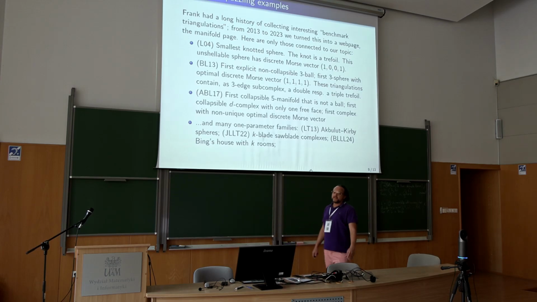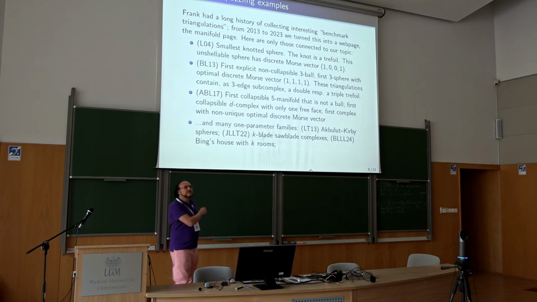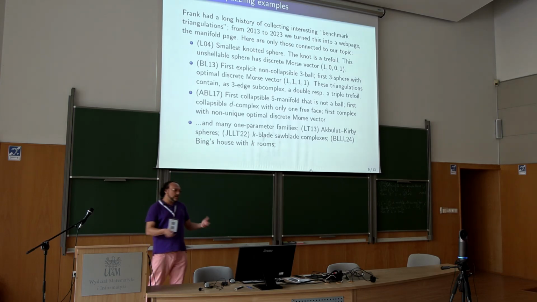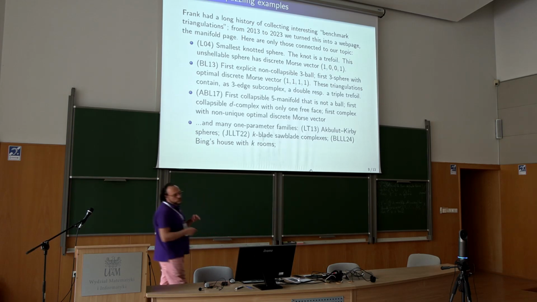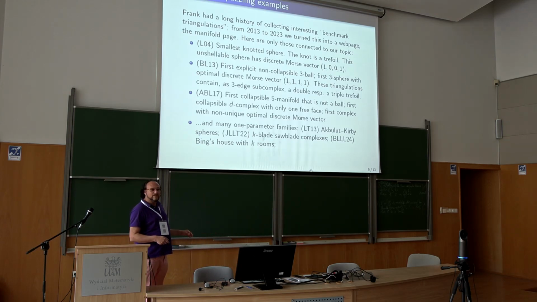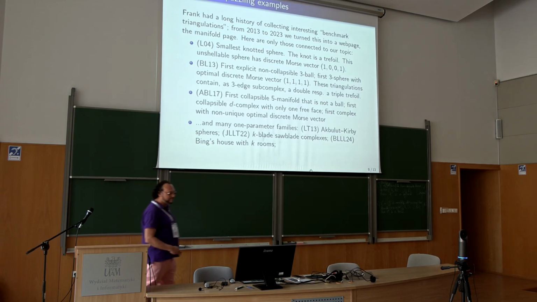Then Martin Tancer managed to prove an important NP-completeness result, I forgot if it was shellability or collapsibility, one of the two. Collapsibility, oh, thank you, using Bing's house with 3 rooms. These are contractible complexes that are not collapsible. But Frank loved to use these one-parameter families of examples, the parameter being discrete, because they can reveal complicatedness that grows, and so you can test things on them.